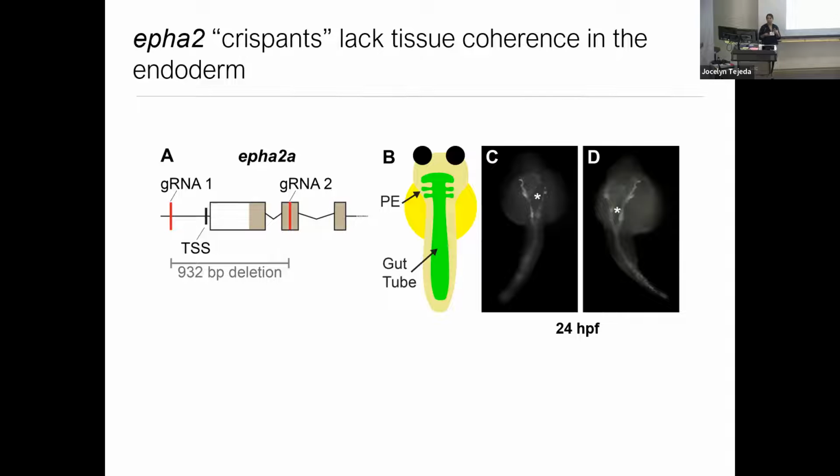But we did notice that some proportion of these injected embryos have discontinuities or holes in the endodermal tissue. These are embryos at 24 hours post-fertilization, when the endoderm should be organized with the pharyngeal endoderm in the head and the gut tube along the trunk. But it should be a continuous, coherent epithelial layer. And in some of these embryos with FA2 deletions, it appears to be discontinuous.